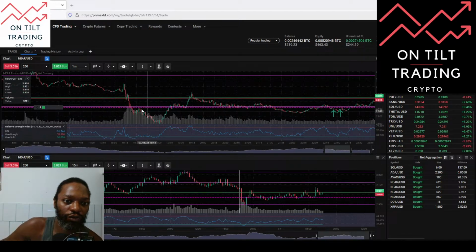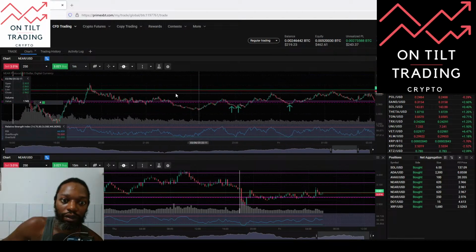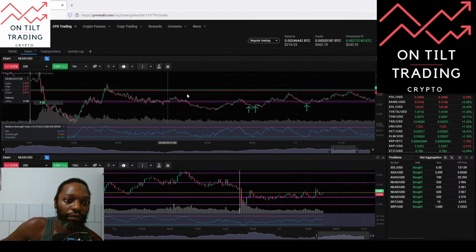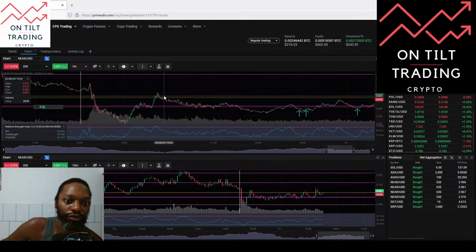But yes, we have the open, we have a sell-off through S3 and S4. Price action is bought back up through S4. Support is found here. You'll see on the RSI, this general area, we're quite oversold.